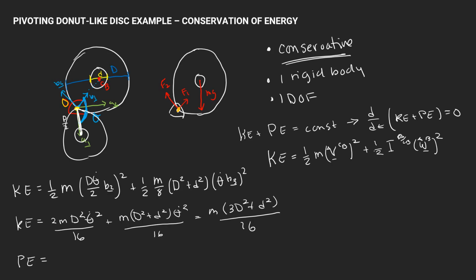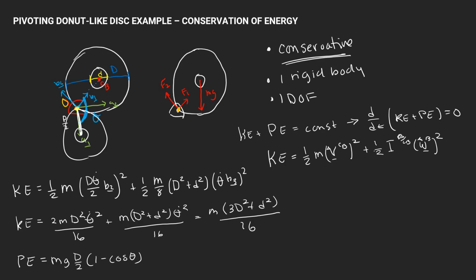And we've gone over this before, so what that means is that our potential energy is equal to mg times d over 2, times 1 minus cosine theta. And that's because you can write the location in the A1 direction of the center of mass of our system as d over 2 times cosine theta.